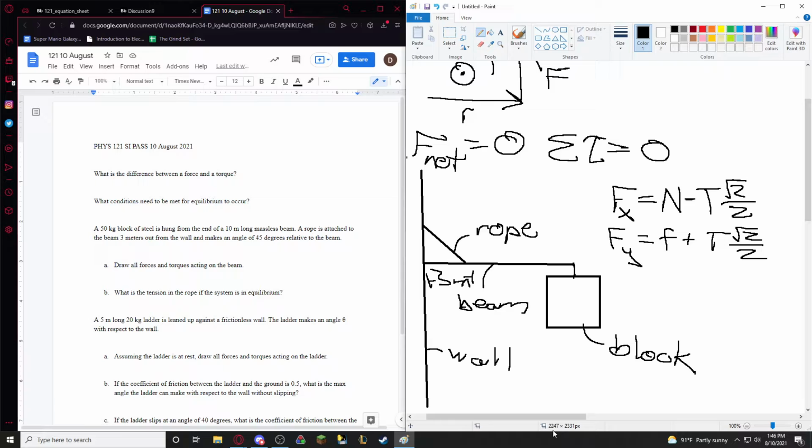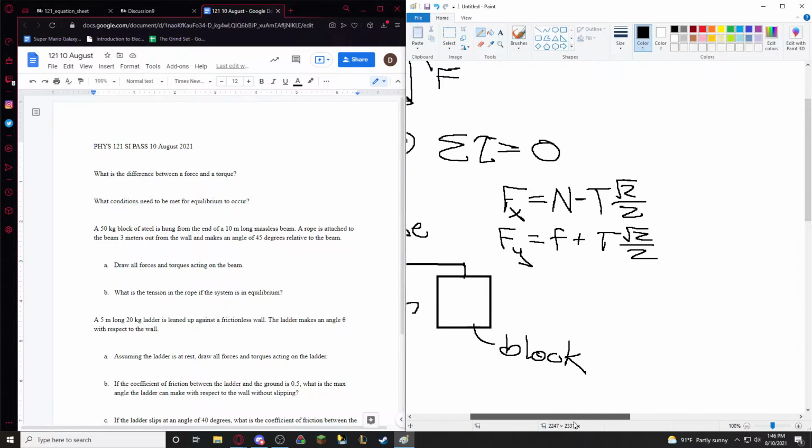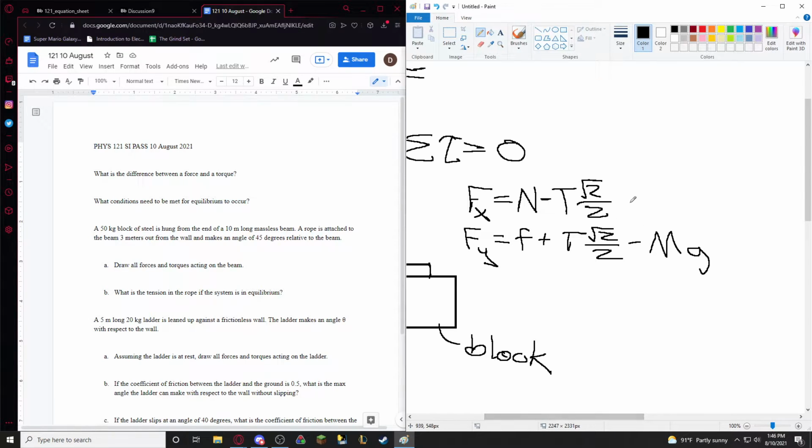And that's all in the y direction, in the negative y direction, so it's going to be mg. And for equilibrium, we know that both of these have to be 0.